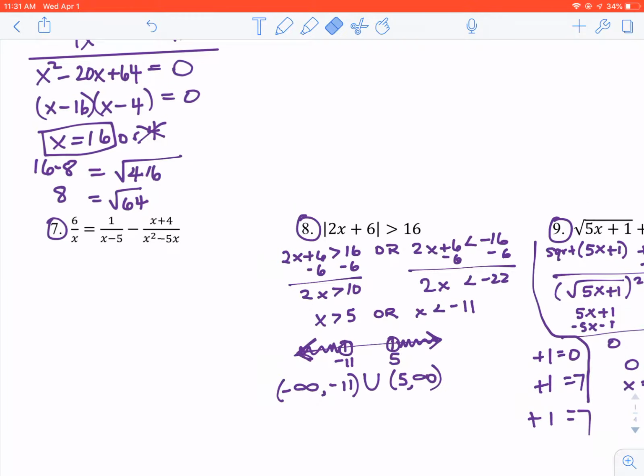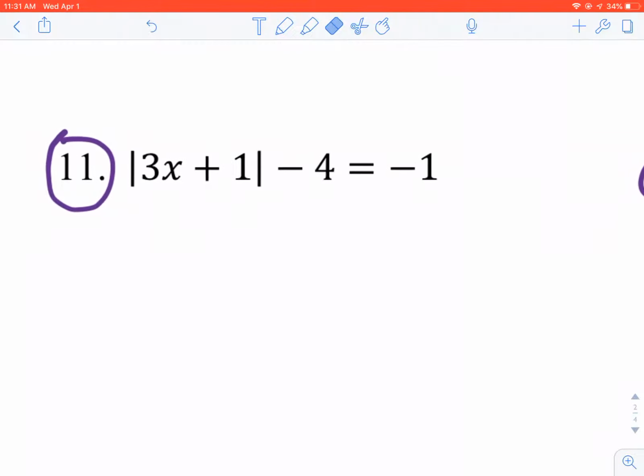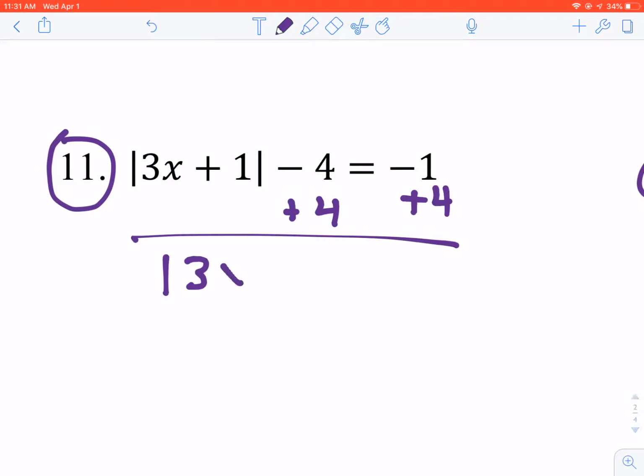I think there was one more absolute value. Here's an equal equation. So the first thing we do is we isolate the absolute value. So plus 4 plus 4. So I have the absolute value of 3x plus 1 is equal to 3. If that would have been a negative 3, I would have said no solution, because absolute values are always positive.